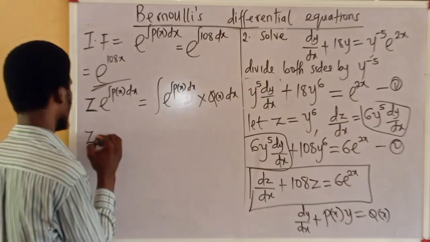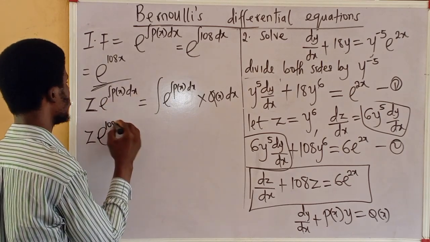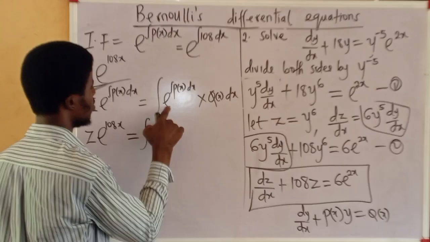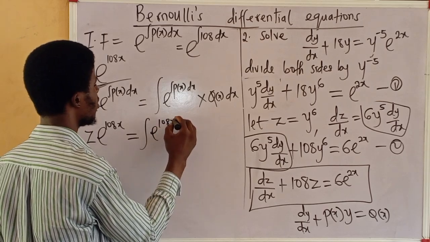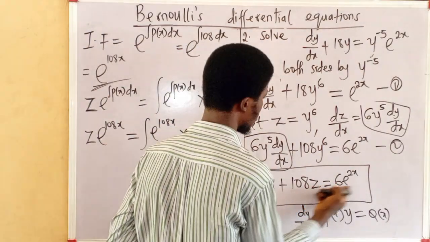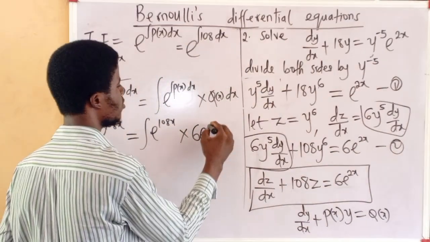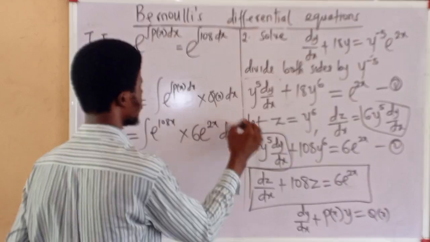So z, the integrating factor is e to the power of 108x. What's q of x? Everything here. That's 6e to the power of 2x, 6e to the power of 2x dx.